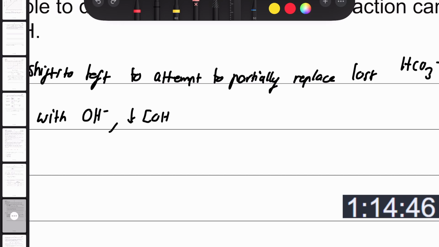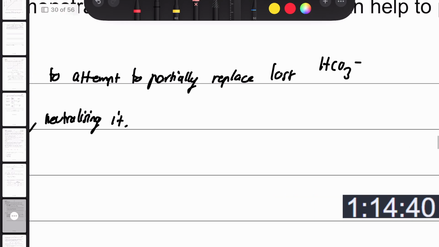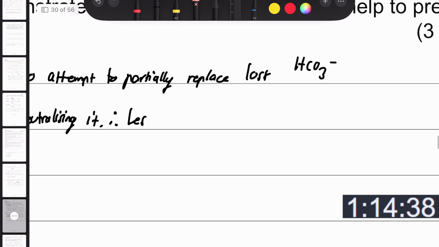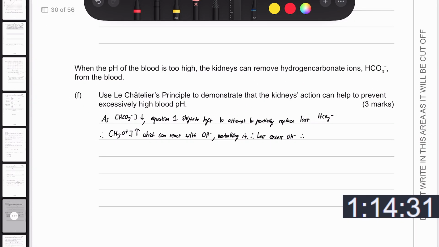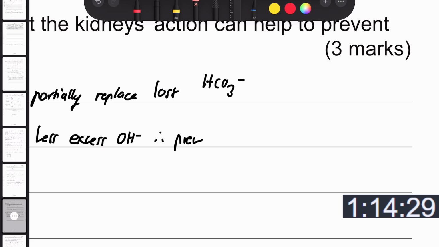Neutralizing it. Therefore, less excess OH minus, therefore preventing excessive high blood pH.